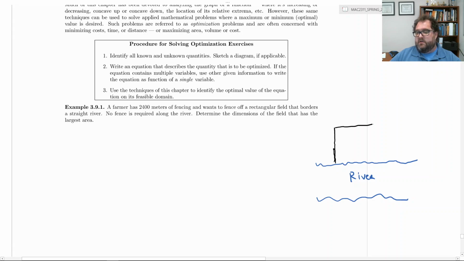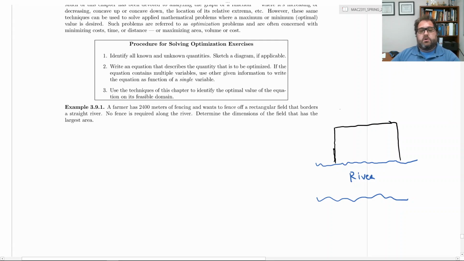So we have a rectangular field along the river. It doesn't need a fence along the river. Presumably, you're not worried about whatever animal is in there swimming. So you have a rectangular field with no fence on the riverside. Okay, and we have 2,400 feet of fencing. Determine the dimensions of the field that has the largest area.